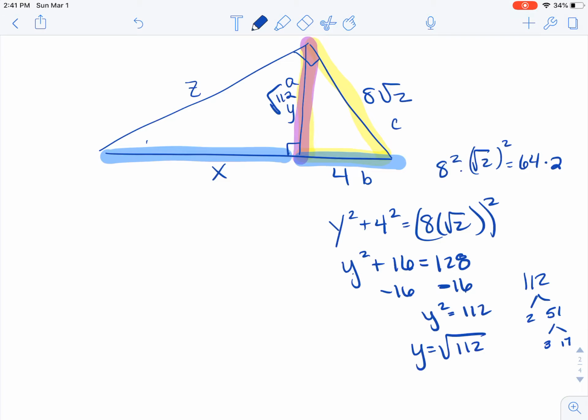And so the geometric mean, remember, like if we have A and B, the geometric mean of those two numbers is the square root of A times B.